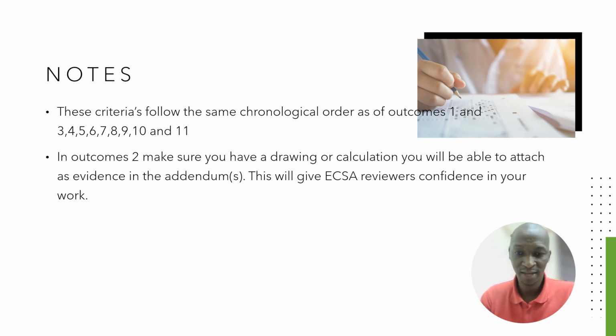So please leave ECSA with something which is sort of evidence that will ensure that they trust that this is your work, because if you don't have that, it makes it so difficult to believe that the work being presented is actually your own work.